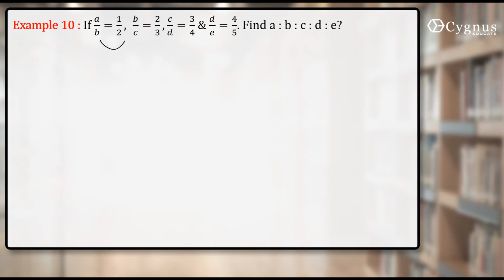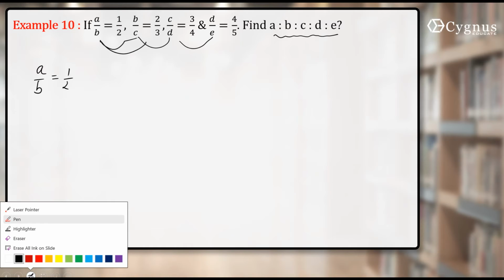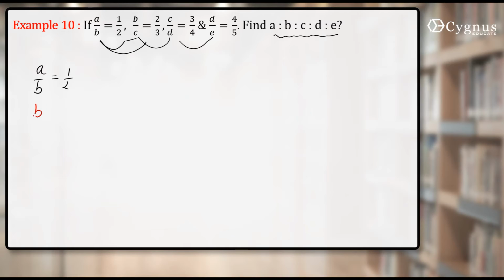What if you get more than three values, like this one? How many ratios are given? One, two, three, four. Four ratios are given. And you are looking for the combined ratio of A, B, C, D, E. So let's look at these statements first. It's given that A by B is equal to 1 by 2. B by C is given equal to 2 by 3.